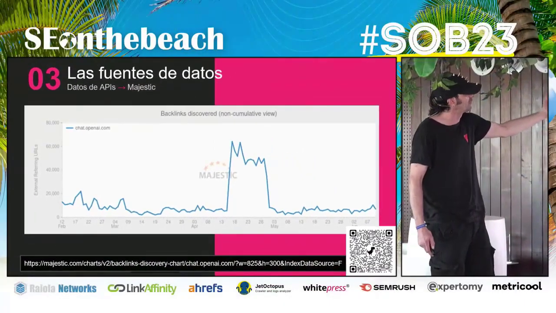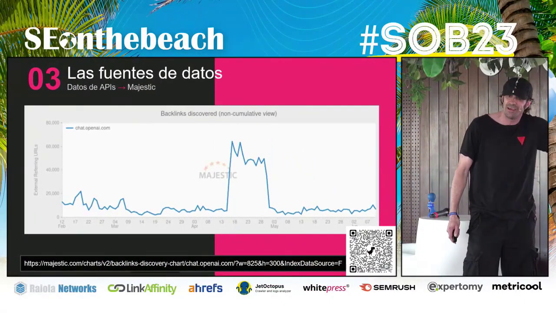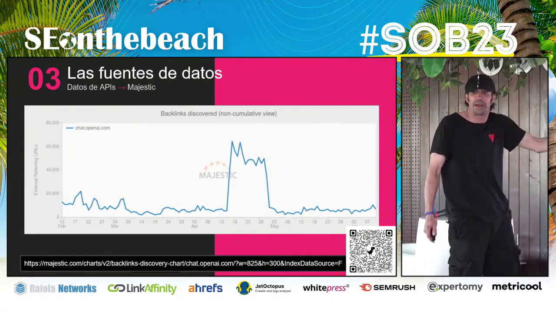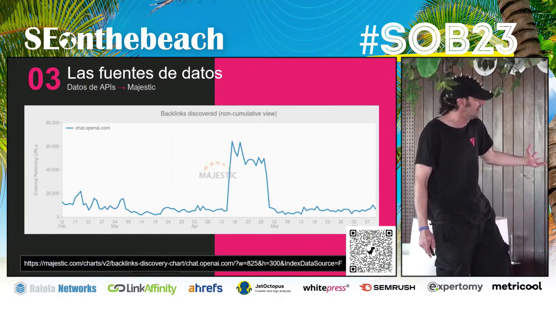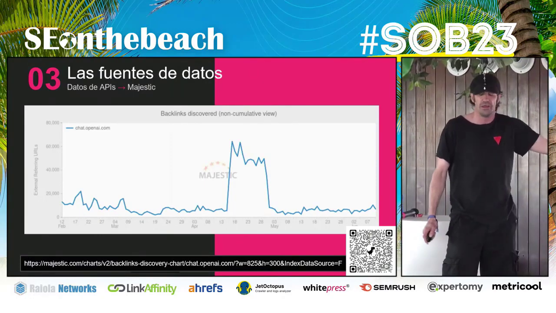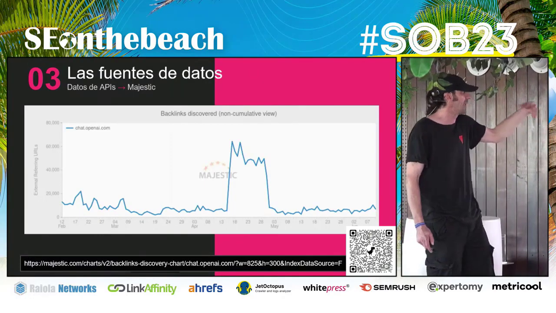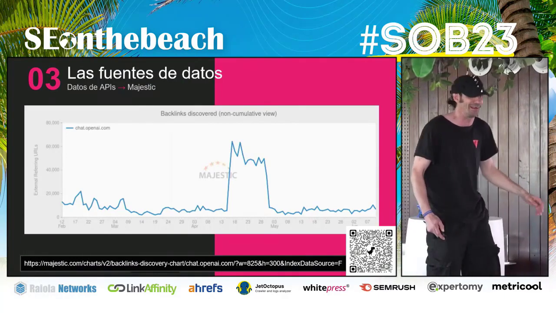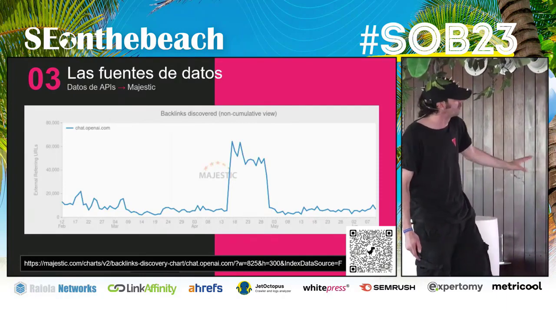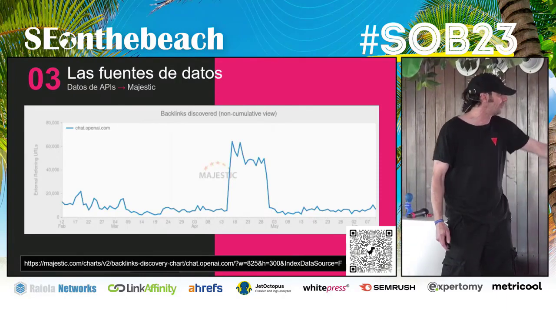You can check it with the QR code as well, but basically you can take the data from Majestic for URL analysis. And this is the graph of backlinks for OpenAI that was already mentioned several times today.